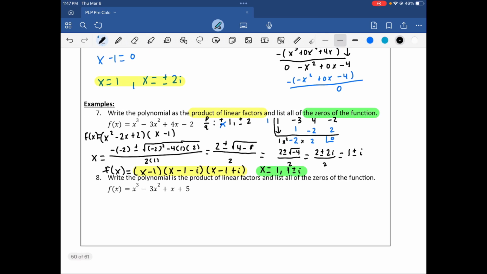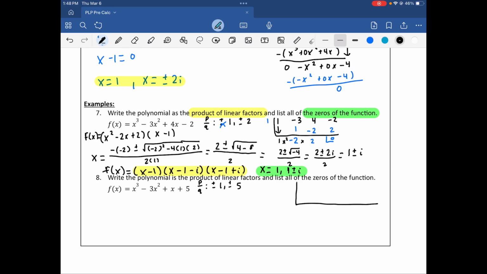All right, last example. Example 8, write the polynomial as the product of linear factors and list all the zeros of the function. We've got x cubed minus 3x squared plus x plus 5. Again, our P over Q list on this one is one of the nicer ones. So we've just got positive and negative 1 and positive and negative 5.